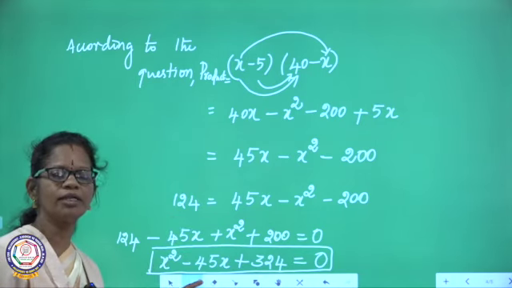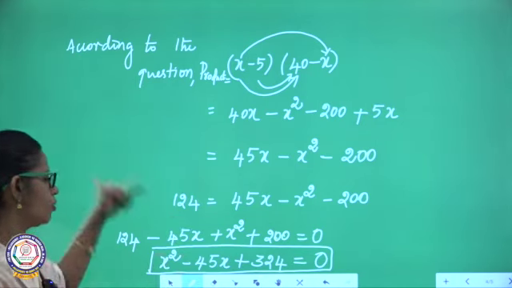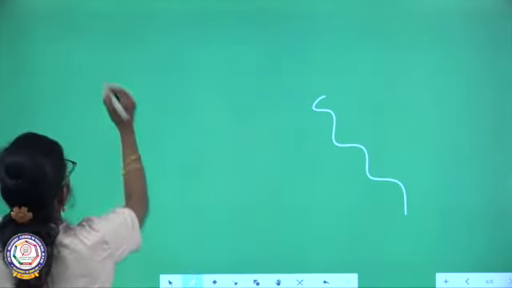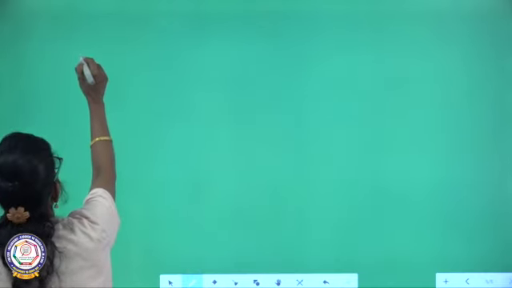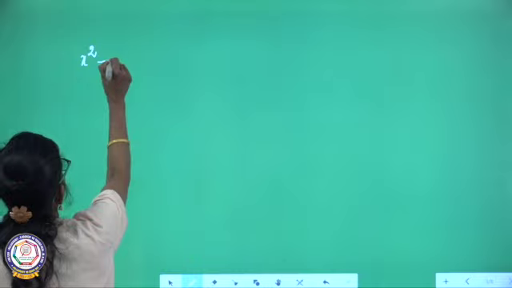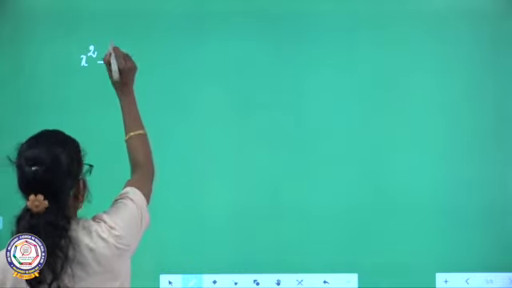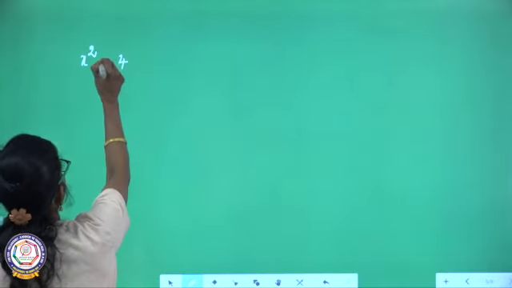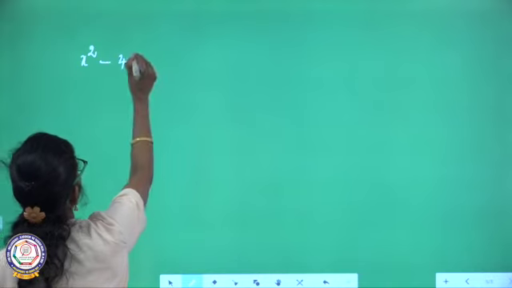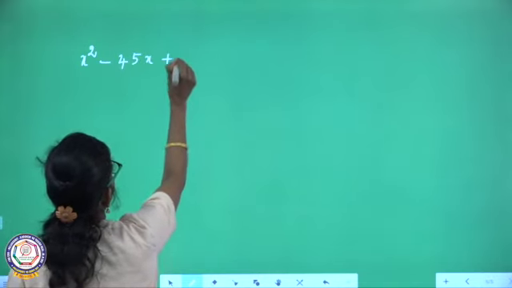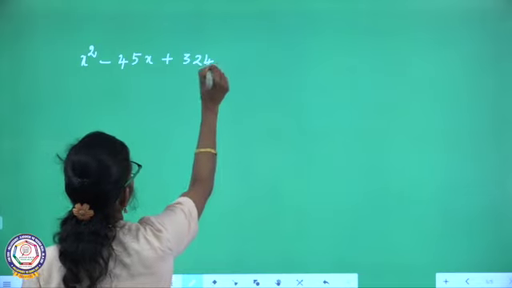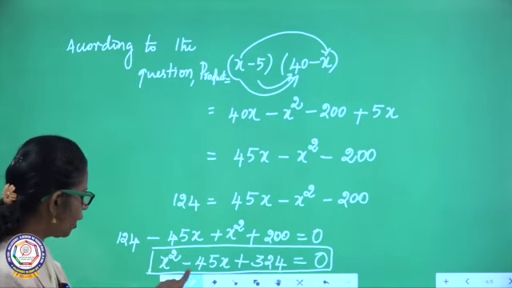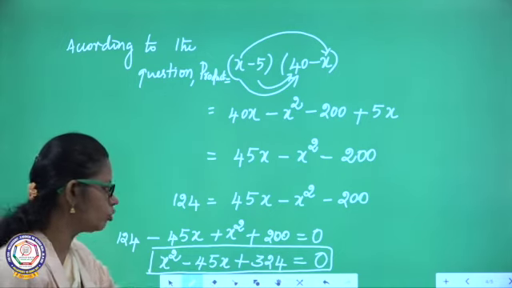But in the exercise they ask us to solve. Now I am going to solve the equation: x square minus 45x plus 324 equal to 0.